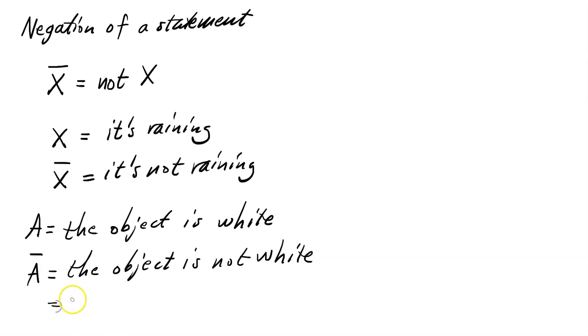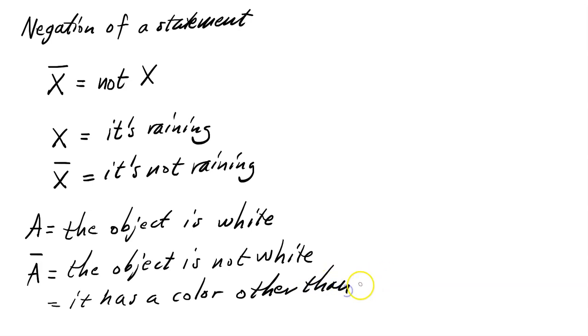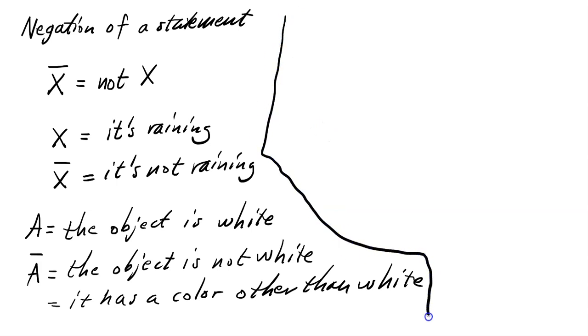This means that it has a color other than white. So it could be pink or green or whatever, as long as it's not white. So the opposite of the object is white is the object is not white, it has a color other than white. So you have to separate what you mean in language and what you mean in logic.